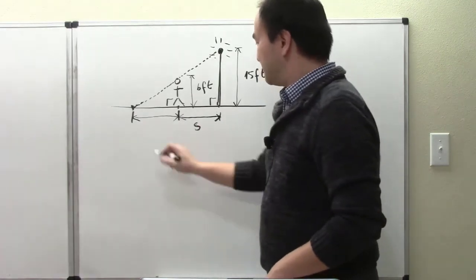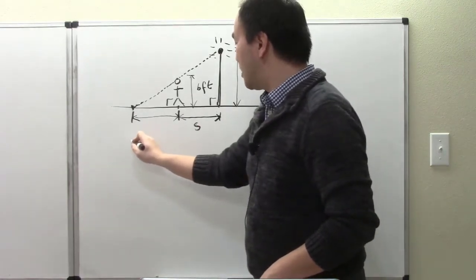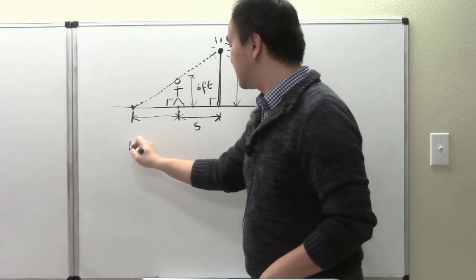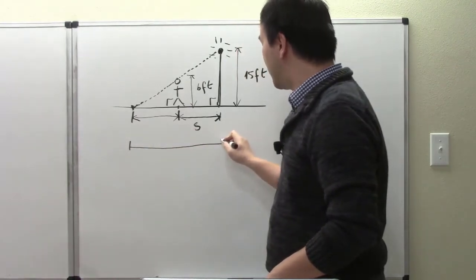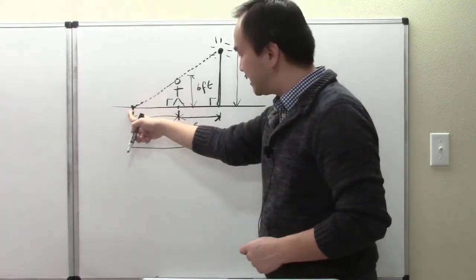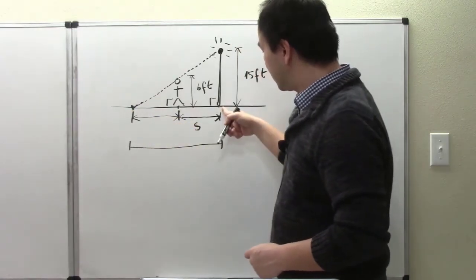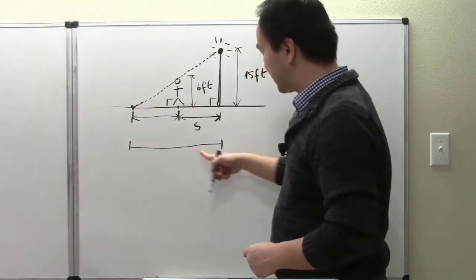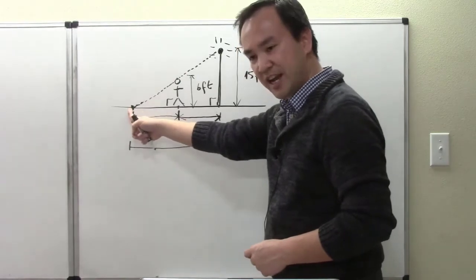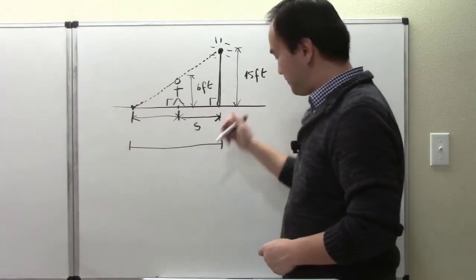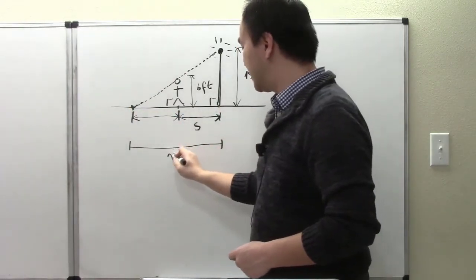I have my reason, and I will explain that later. But the total distance from where the tip of her shadow is back to the pole, that's the total distance right there. Again, from the tip of her shadow back to the base of the pole, that distance, how about we call that x?